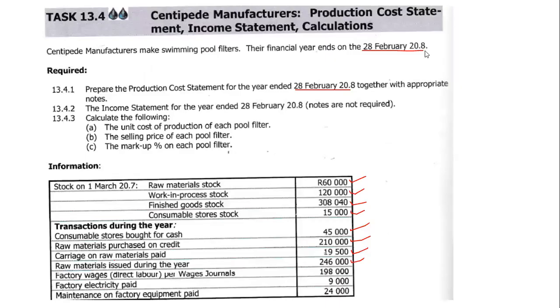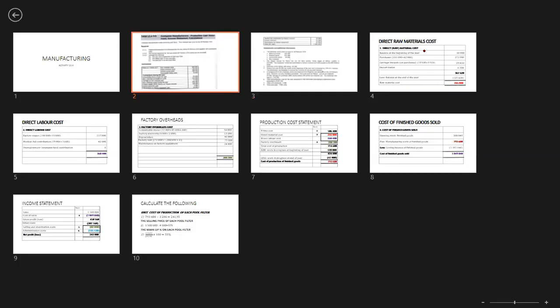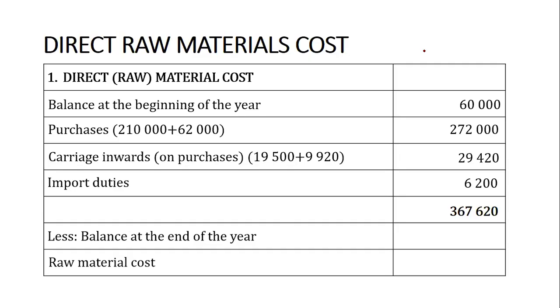That will go straight to our direct material cost as our balance, and that balance will be 246,000. To determine the missing value, the closing balance of raw materials, we take 246,000 minus 367,620. It will give us the value of raw materials at the end of the year, and that will be 121,620. Do you have any questions thus far?